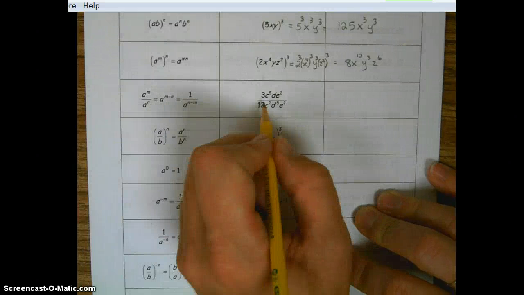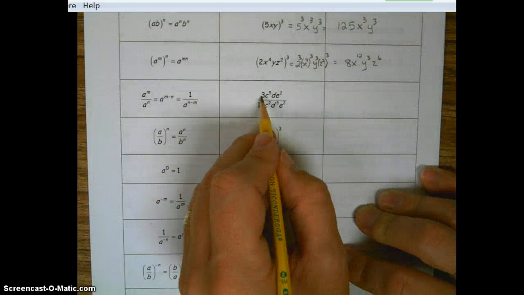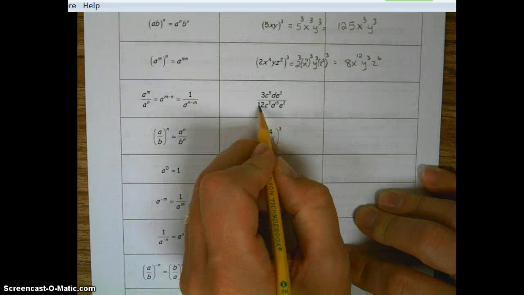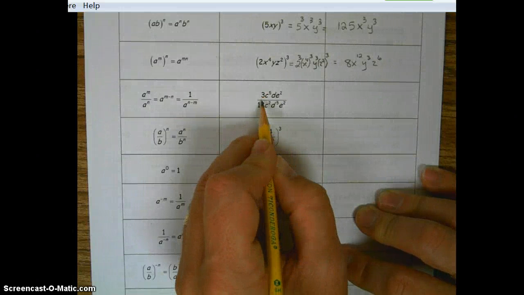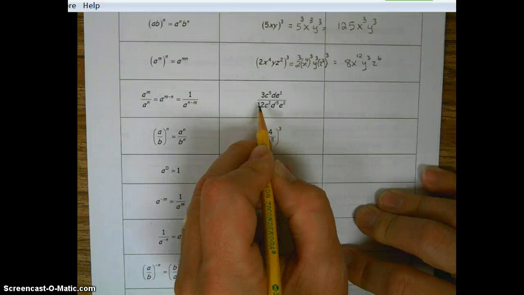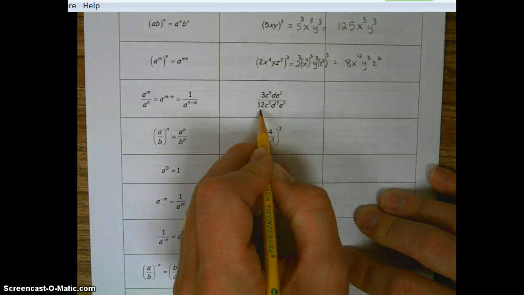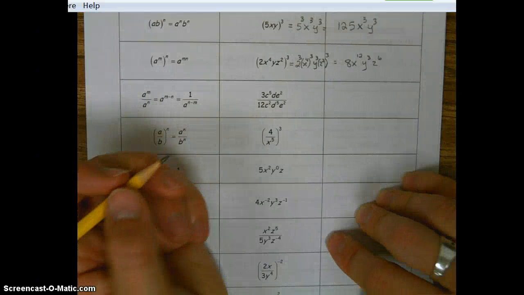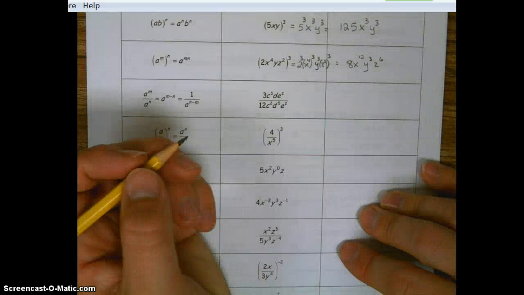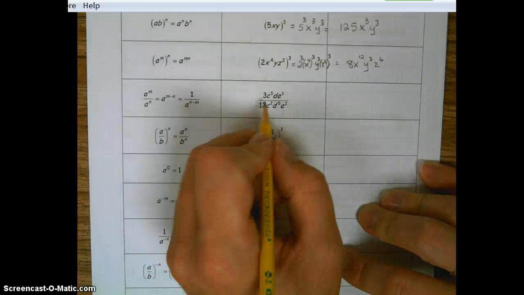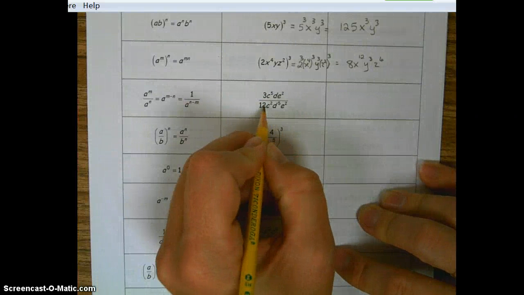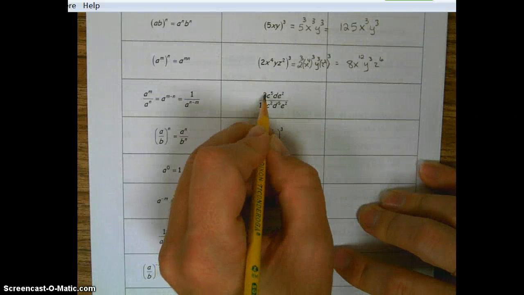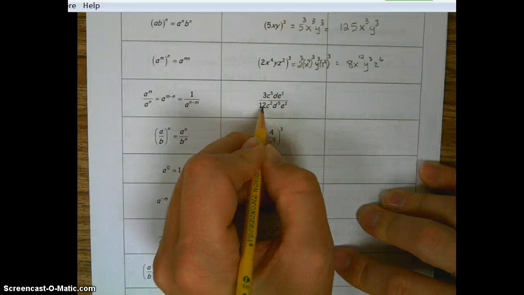First of all, 3 and 12, that's just two numbers that are being divided. Well, 12 does not go into 3 evenly, so we're just going to reduce that. We do this without even thinking, but 3/12 we know is 1/4 because 3 goes into 3 once, 3 goes into 12 4 times.